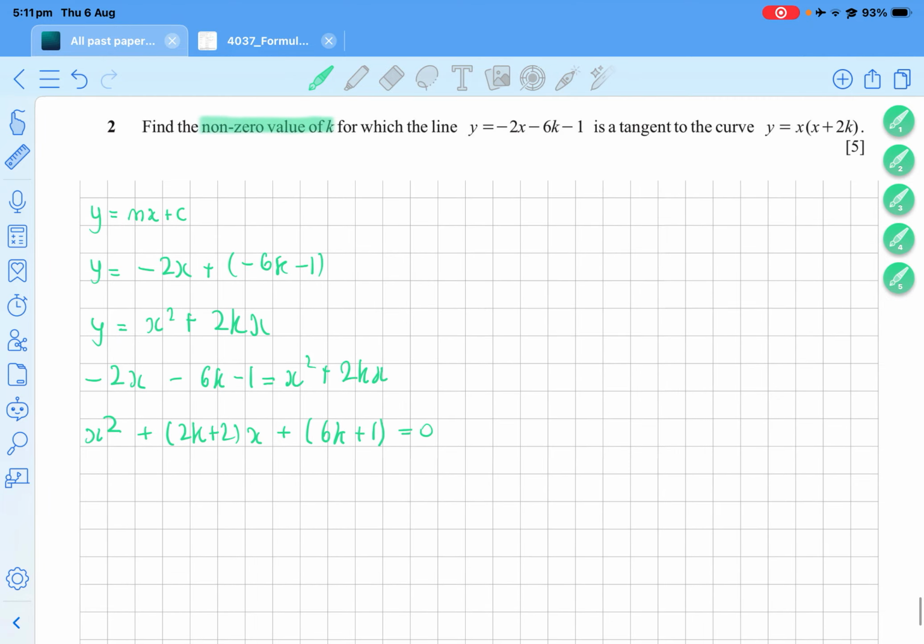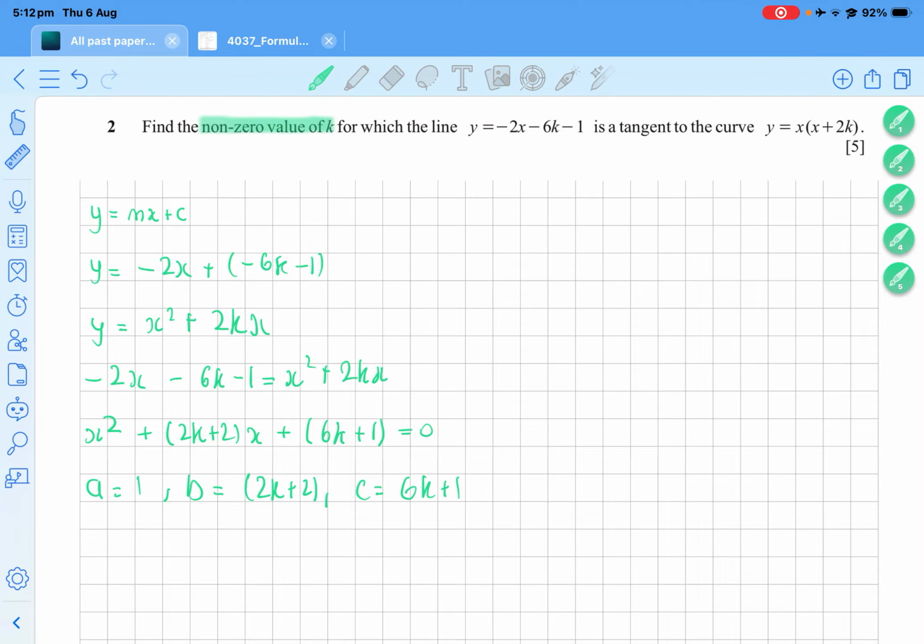So notice how I've written this. If I were to write this in the form ax squared plus bx plus c, this familiarly looks like that a is 1, b looks like 2k plus 2 and c looks like 6k plus 1.